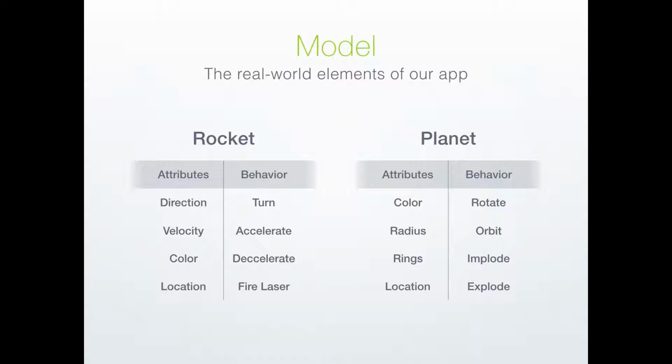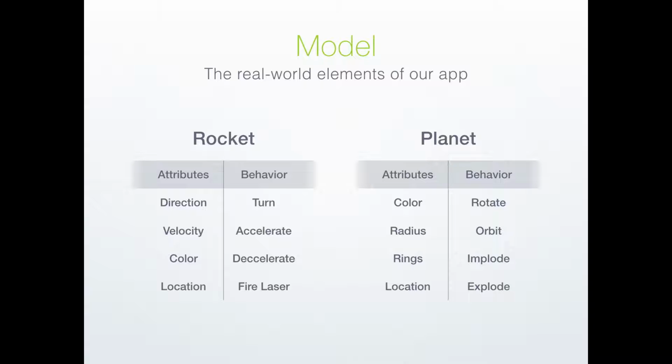It has a velocity, speed, basically, that it's going in that direction. It has a color. It has a location. And then in terms of behaviors, more like functions actually, like actions, remember? Functions of a rocket would be turn, accelerate, decelerate, fire the laser of the rocket, maybe to blow up the planet.